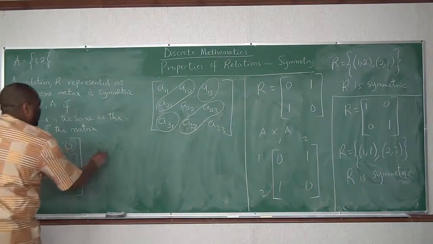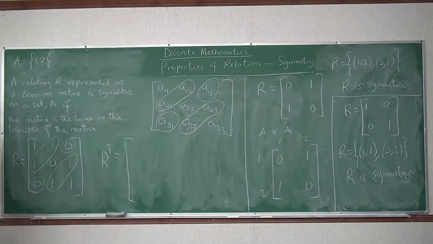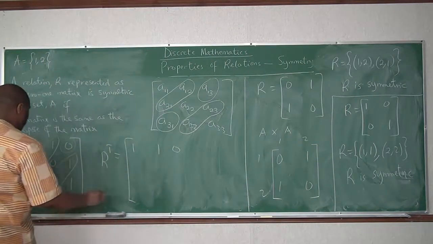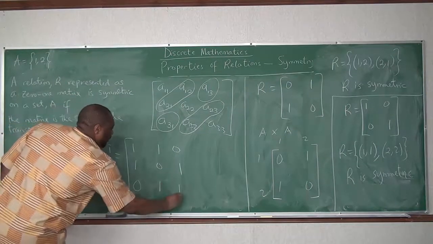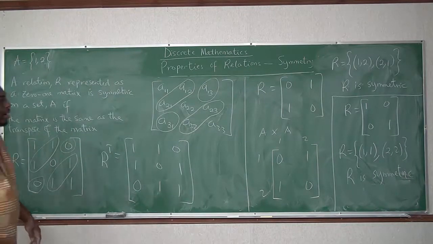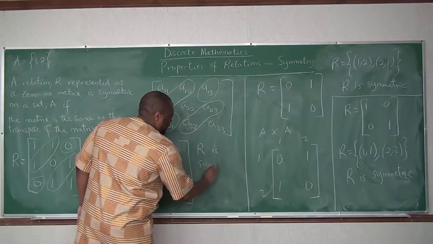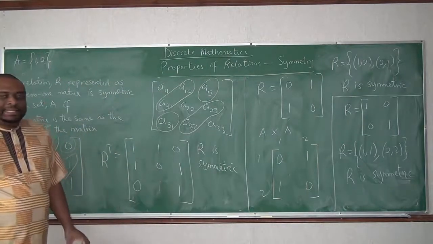So arrow transpose from here will be 1 1 0, 1 0 1, 0 1 1. So you look at this now, it's the same thing. So you say that arrow is symmetric. That's it.